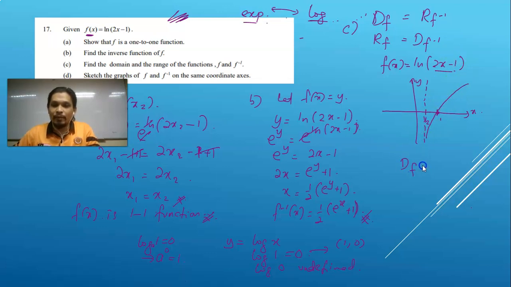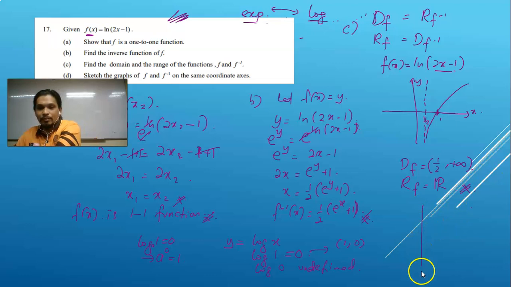The domain of f equal to from half to positive infinity. And the range of f equal to, yes, all values of y, all real numbers. So now sketch the graph of f and its inverse on the same axis.